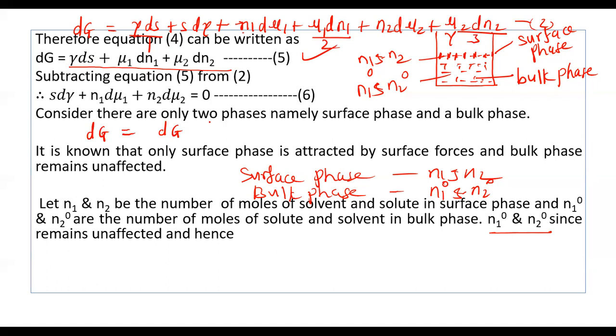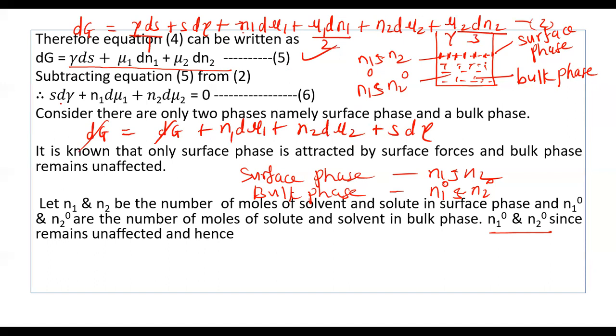So dG gets cancelled. Now n1 d mu1 plus n2 d mu2 plus S into d gamma is equal to 0.